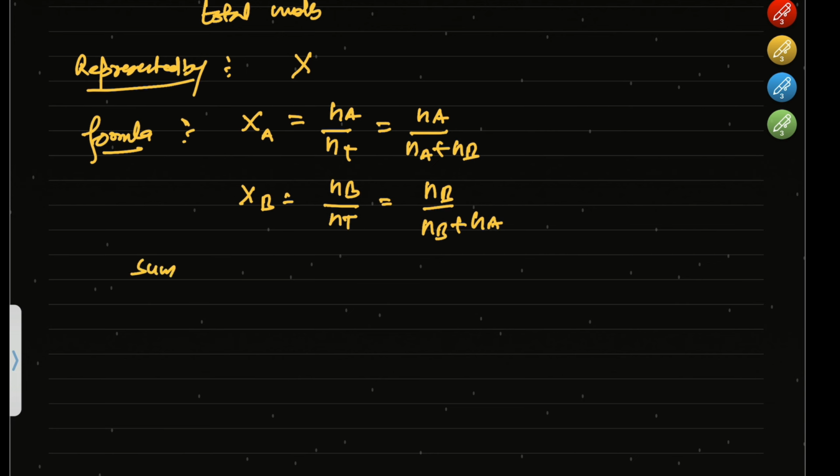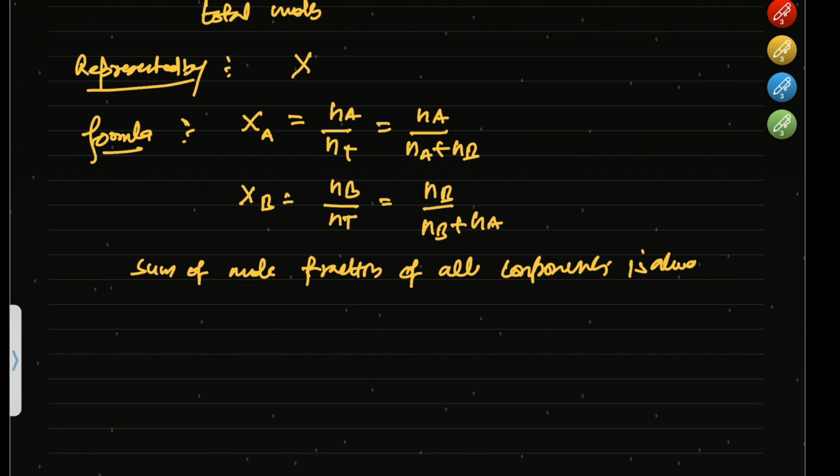The sum of the mole fractions of all components is always 1: component A mole fraction plus component B mole fraction and so on is always equal to 1.